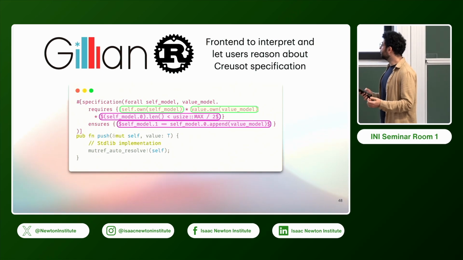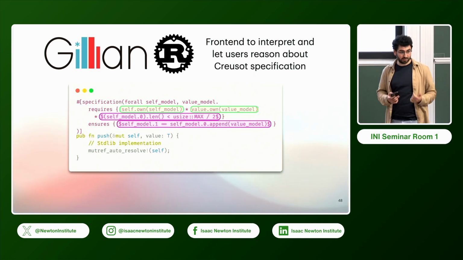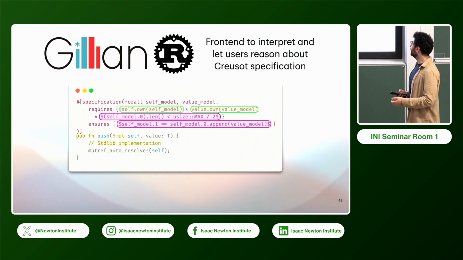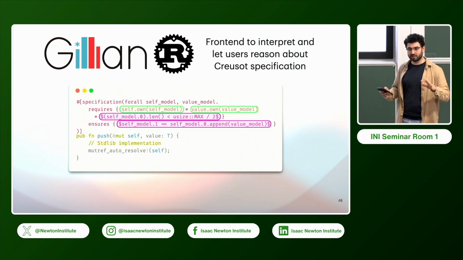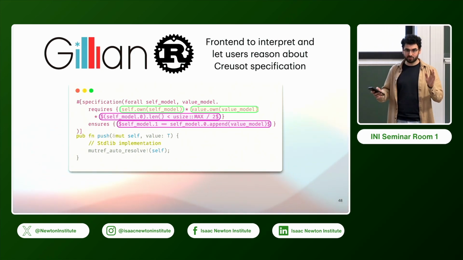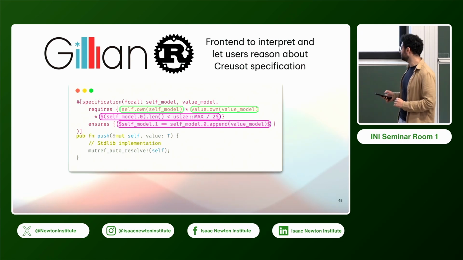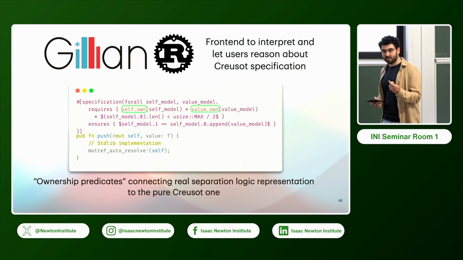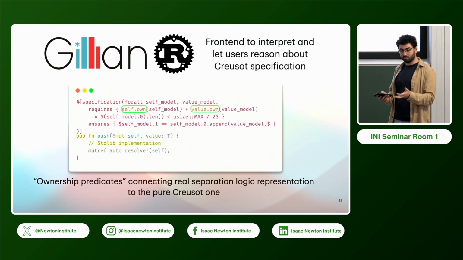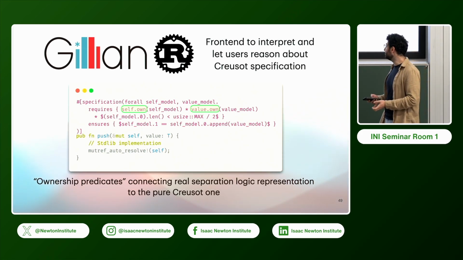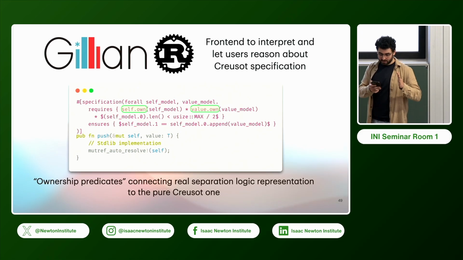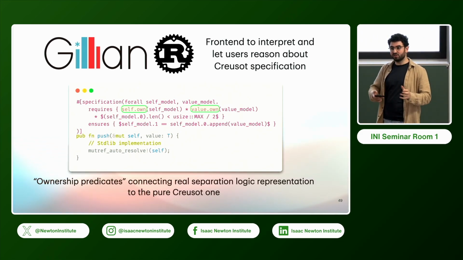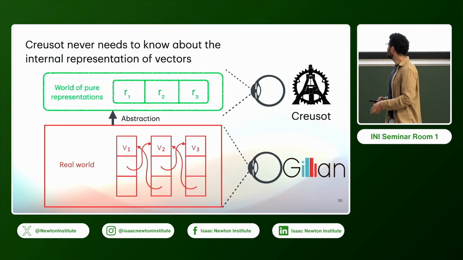Basically, the types become ownership predicates, just like what Amar was doing in the ABI, and what RustBelt was doing also. And then you have the pure side conditions, which are in prophecy observation things. You don't have to care too much about this. And it's important that these ownership predicates are not only specifying how the value is actually represented in memory, but they're also connecting the separation logic grungy reality to this pure world of nice abstractions.